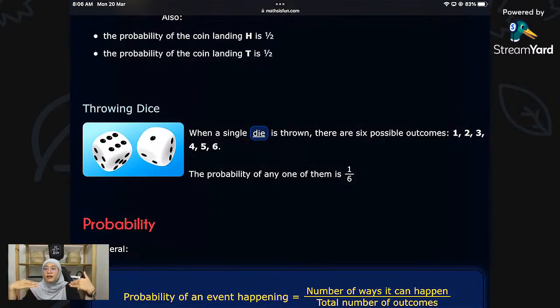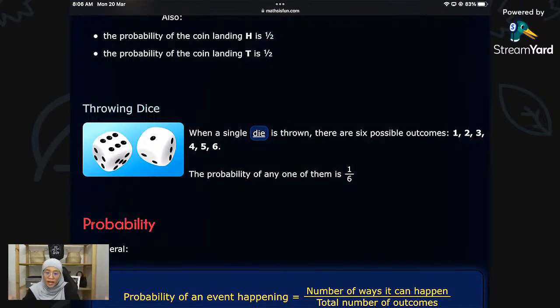That's why, as I said, we are not God to know what the dadu is going to give us. We do not know what the outcome is. Therefore, we can only see the probability because we are human. Therefore, when we baling, kita dapat probability of getting, for example, 2 ataupun 6. Nombor 6 pada dadu itu is 1 chance out of 6 chances.